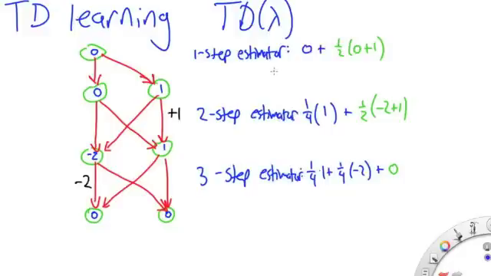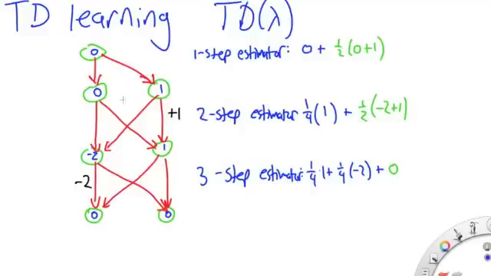One way to understand what TD lambda is doing is it's actually a combination of a set of different estimators. And the estimators differ by how many steps of actual reward they use versus when they start doing their bootstrapping based on the value function.